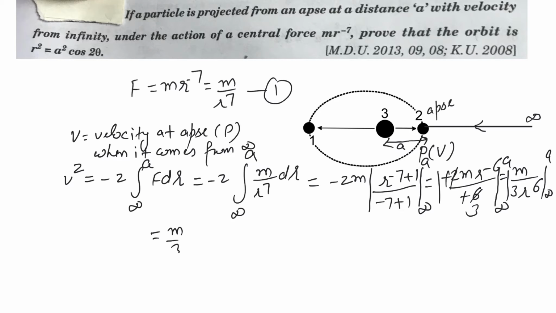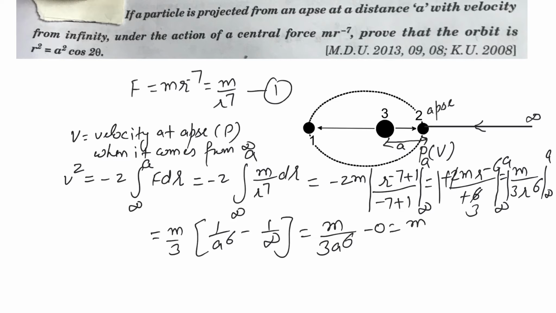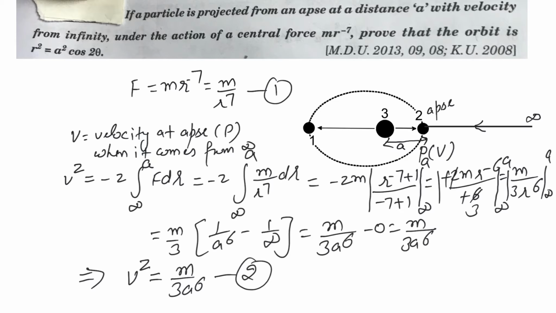m by 3 is a constant quantity. Now put the limits: m by 3 a^6 minus 0 is equal to m by 3 a^6. This implies that the velocity at apse, which is the velocity from infinity, is V squared equals m by 3 a^6, and we name this equation number 2.